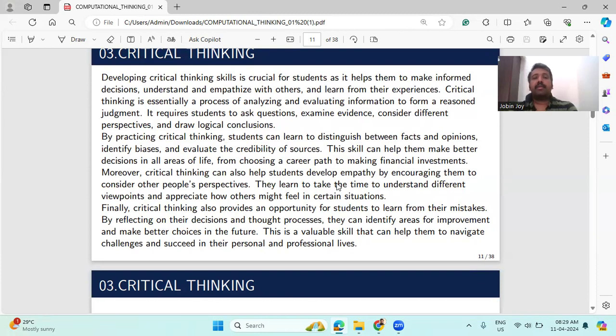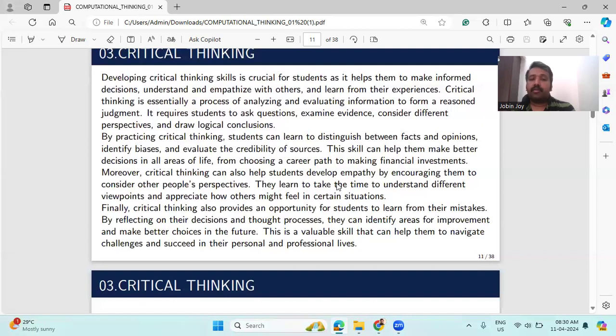By practicing critical thinking, students can learn to distinguish between facts and opinions, identify biases, and evaluate the credibility of sources. This skill can help them make better decisions in all areas of life, from choosing a career path to making financial investments. Moreover, critical thinking can also help students develop empathy by encouraging them to consider other people's perspectives. They learn to take the time to understand different viewpoints and appreciate how others might feel in certain situations.